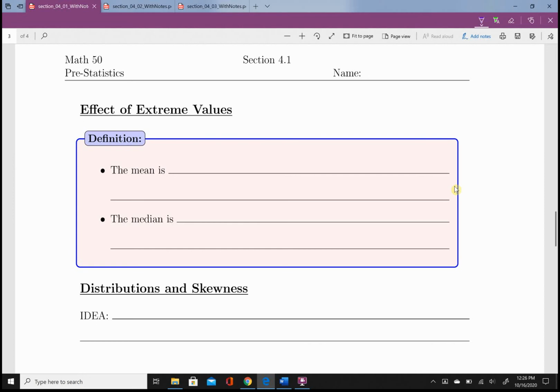So the mean is sensitive to outliers. And you may be wondering, well, what's an outlier? It's an extreme value, either extremely large or extremely small, compared to the rest of the data.